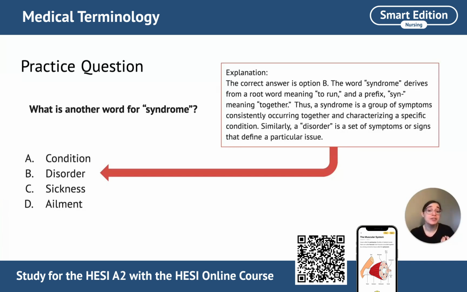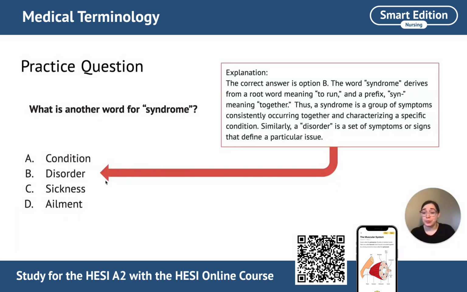So a cluster of symptoms indicating that a patient has a specific condition, disease, or even disorder. So one common disease state that you would hear the word syndrome associated with is AIDS, acquired immunodeficiency syndrome.